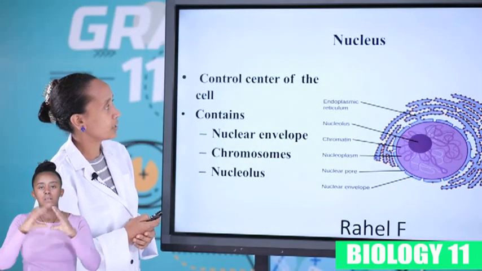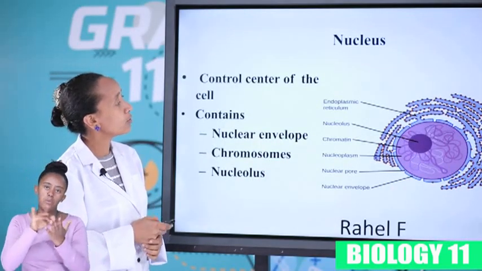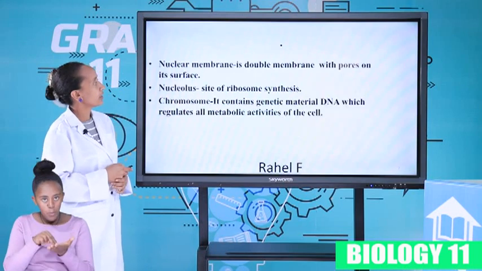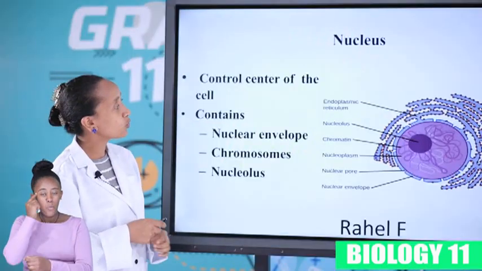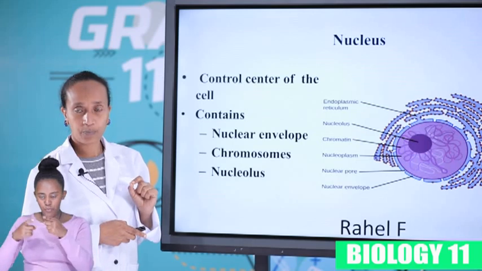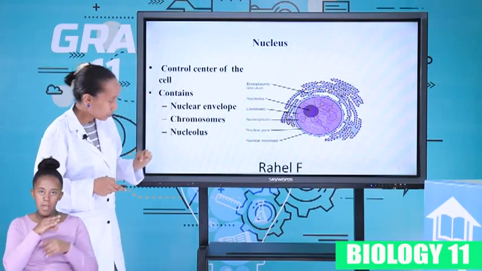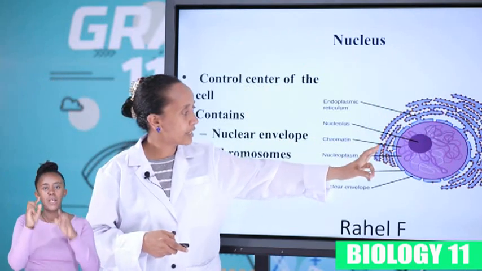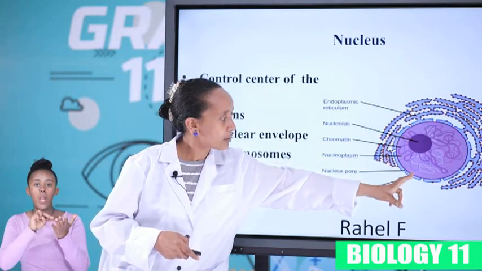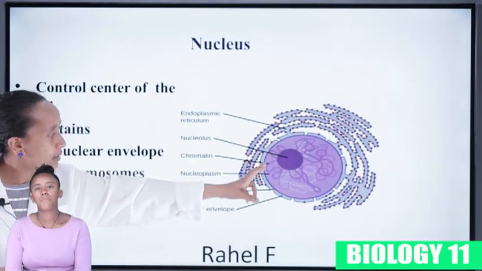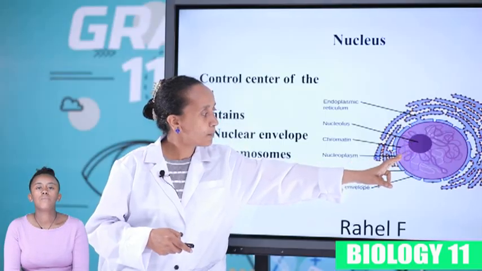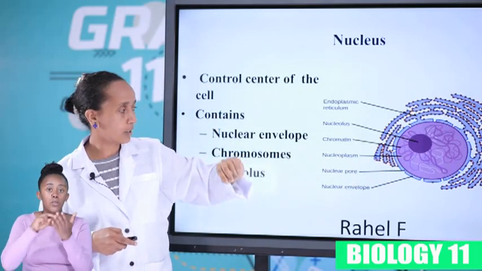Let's start our study from nucleus. The nucleus of a cell is considered as the controlling center of the cell. If you look at the structure of nucleus, this nucleus has three components.